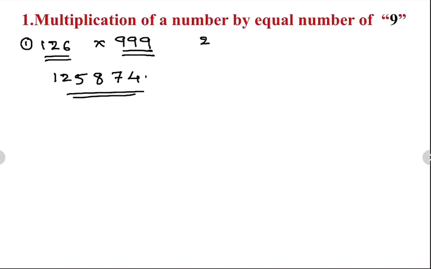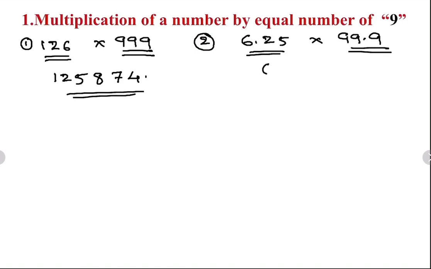If the number is provided in decimal form, for example, if 6.25 is multiplied with 99.9, make sure that the digits should be equal. So first multiply 625 into 999.